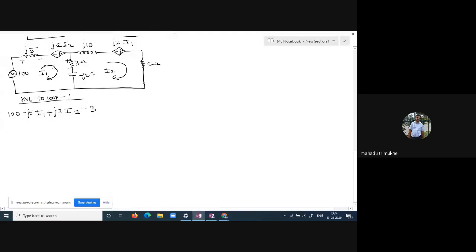I'll take common because this 3 and minus J2 are for I1 and I2, intermediate between I1 and I2, so we'll take it as common. So 3 minus J2 times I1 minus I2.